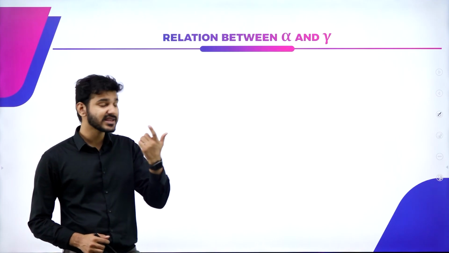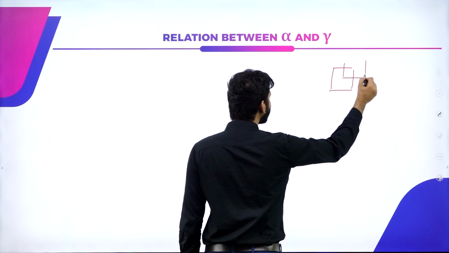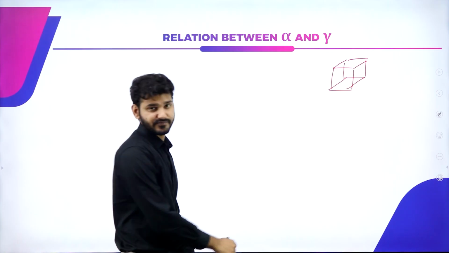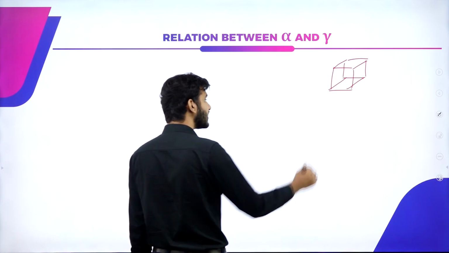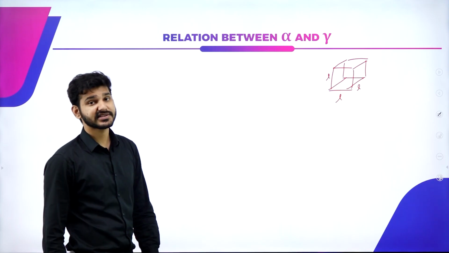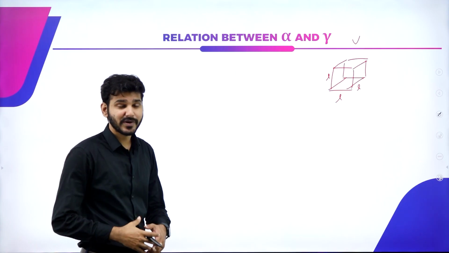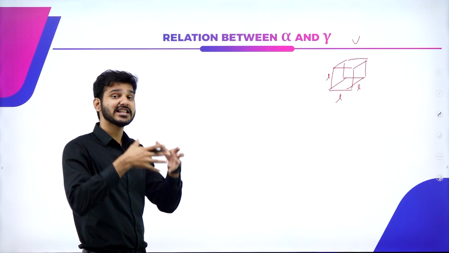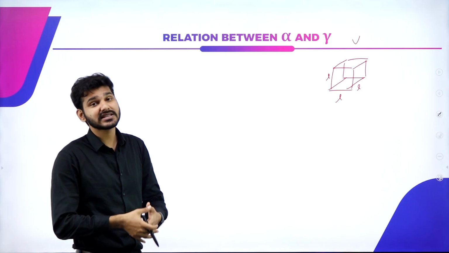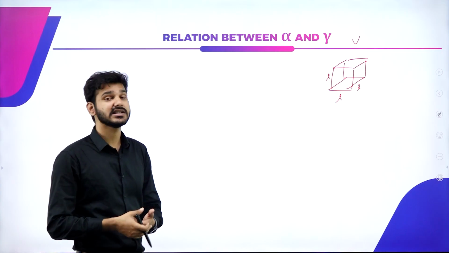For that, I am assuming a perfectly good cube with sides of L and a volume of V. All 3 sides are L. I am heating it up so that it expands in all directions equally, with an increase in length by delta L, and the net increase in volume will be delta V.